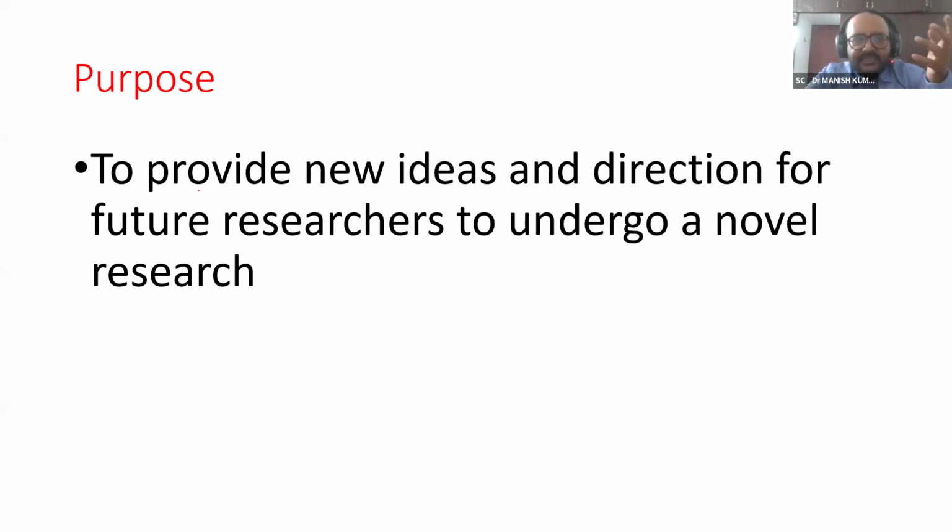The moment we included this future direction, and I'm talking about 2019, it was the year my first paper was published in the ABDC A category. So the four new things we added were the directions for future research.